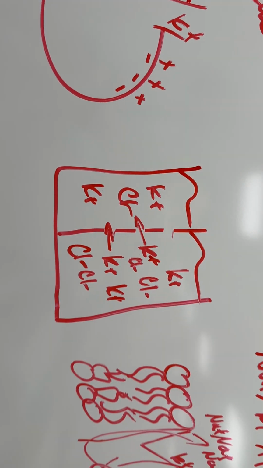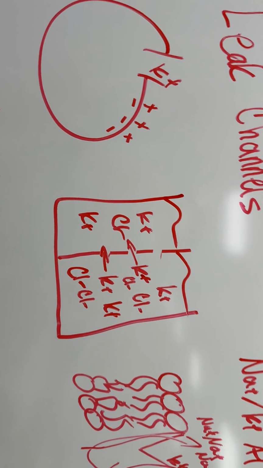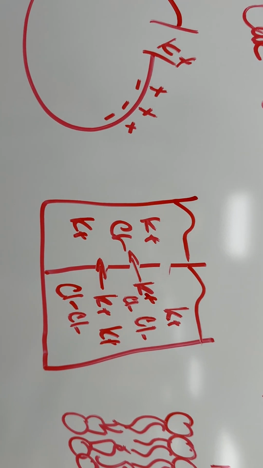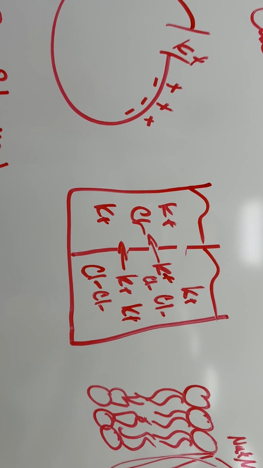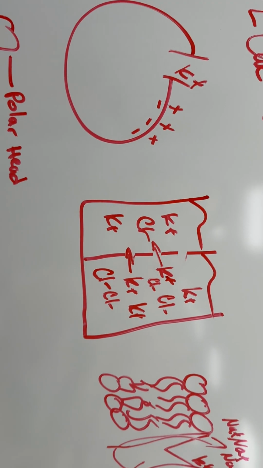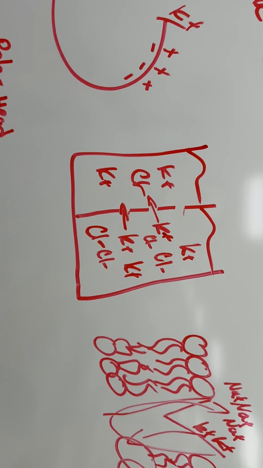But since it's only permeable to that positive charge, it's going to leave behind its negative counterpart, and it's going to produce a positive charge on the other side of the membrane and a negative charge on the side that it came from. So what this establishes is the electrochemical gradient.